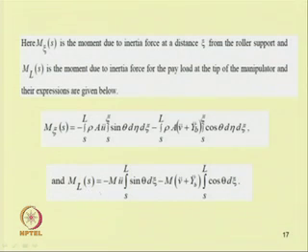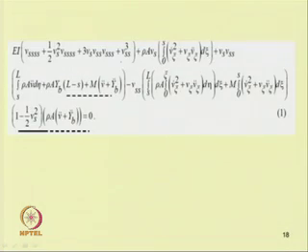One can write this equation: m l s will be equal to, this is the bending moment due to the tip load, minus m u double dot integration s to L sin theta d zeta minus m. So, this is due to the inertia force in the axial direction, and this is due to the inertia force in the vertical direction, and finally, one can write this equation in this form.